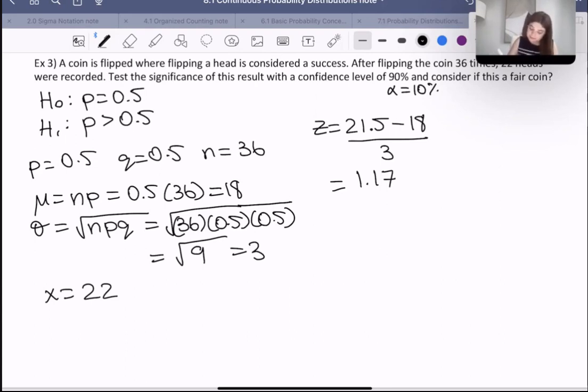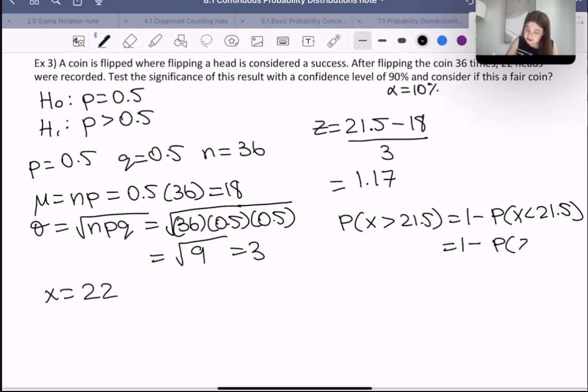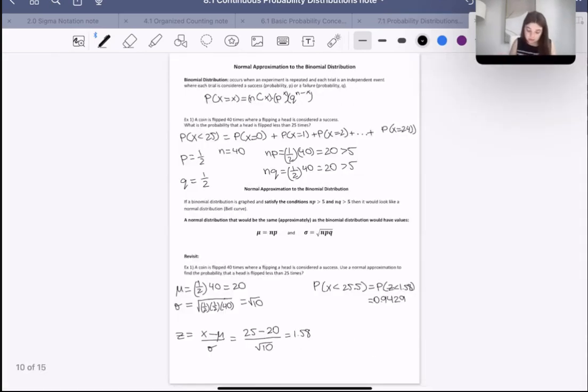Okay, so that means the probability that x is greater than 21.5 is equal to 1 minus the probability of x being less than 21.5, which is equal to 1 minus the probability that our Z score is 1.17. So that's going to be 1 minus whatever that is. So let's go find 1.17 on our chart.